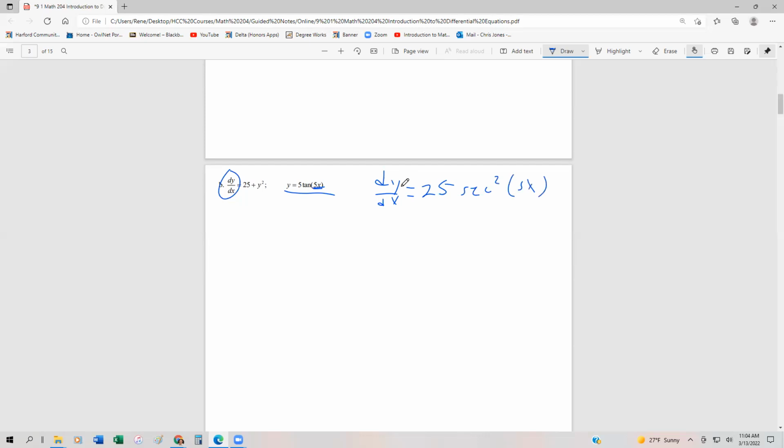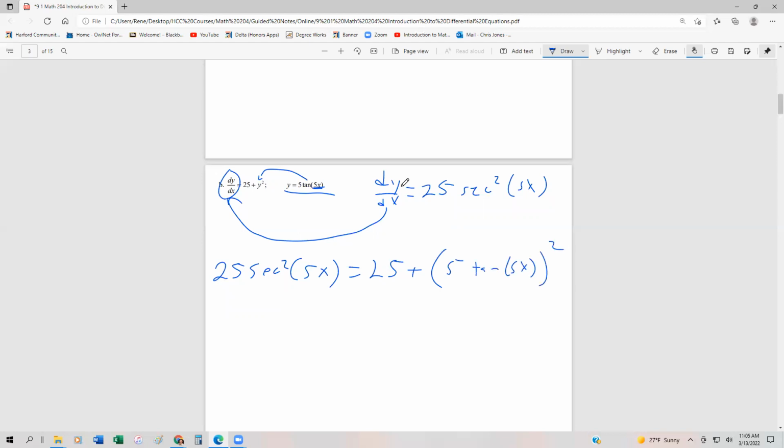And so we're just going to substitute dy/dx back in here. We're going to substitute y back in here. And so that gives us 25 sec squared of 5x equals 25 plus the quantity of 5 tan 5x squared.